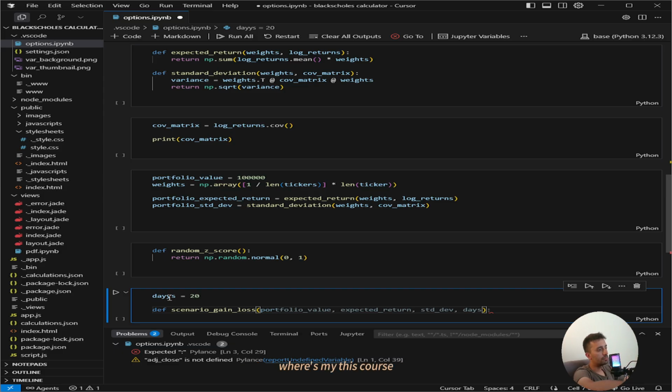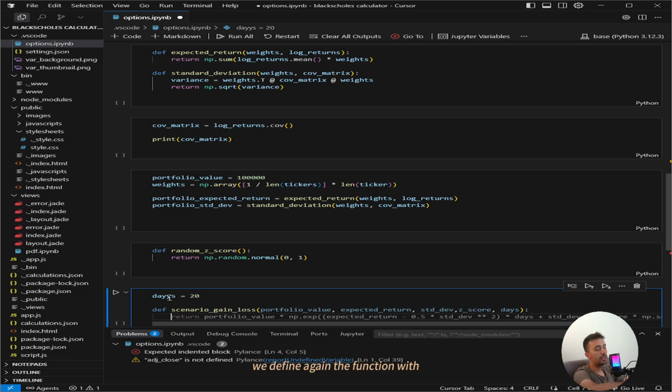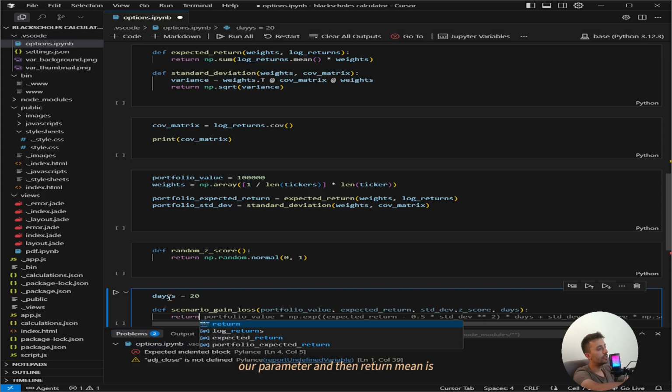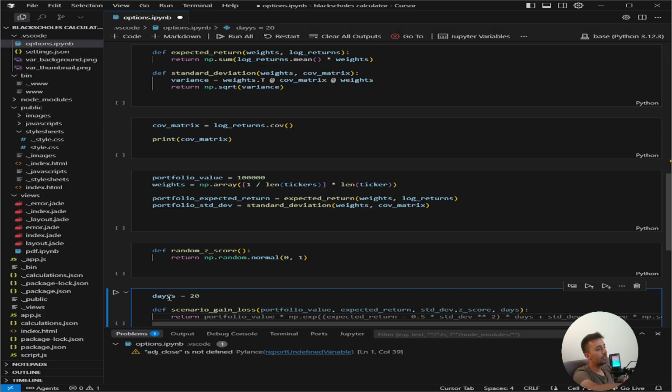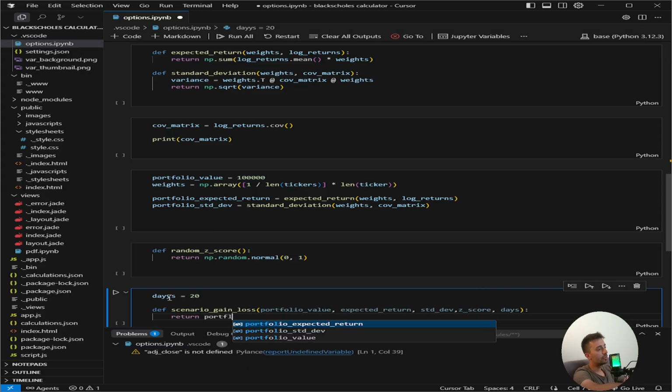Where is my z-score? This is true, but where is my z-score? Days, z-score. Okay, we defined the function again with our parameters.